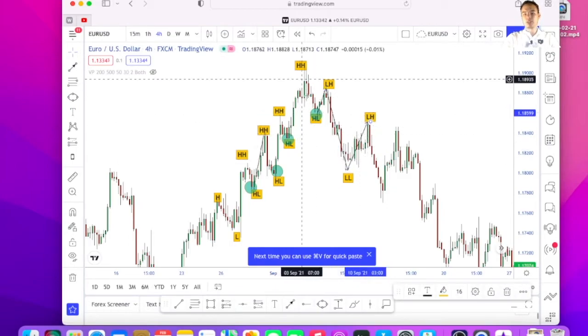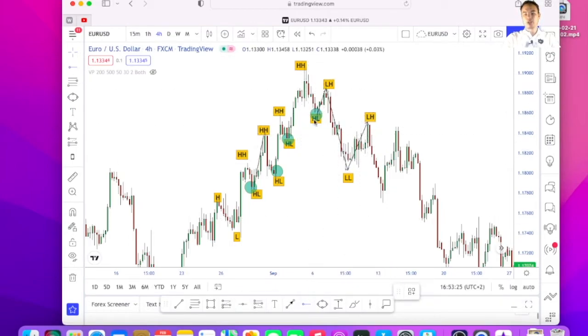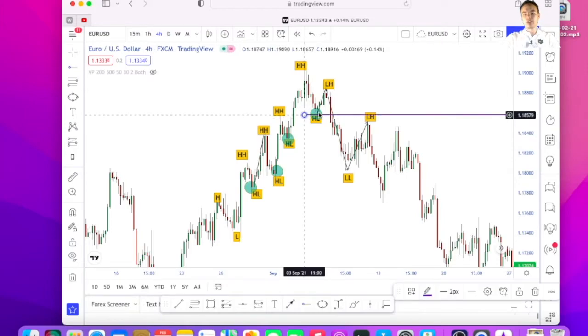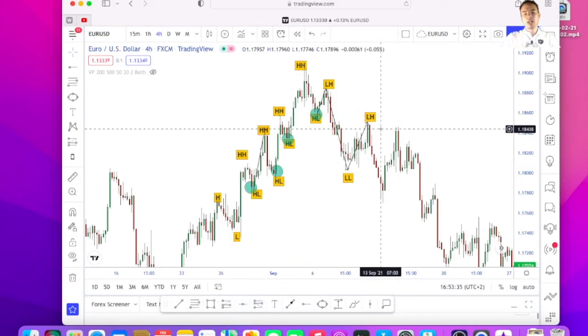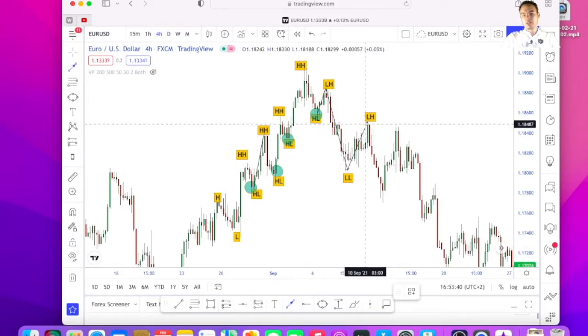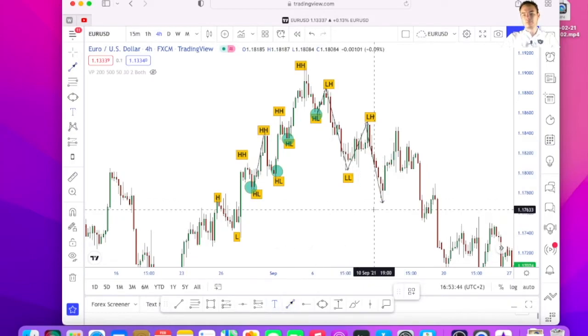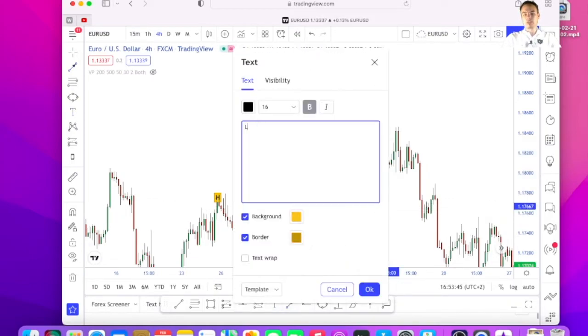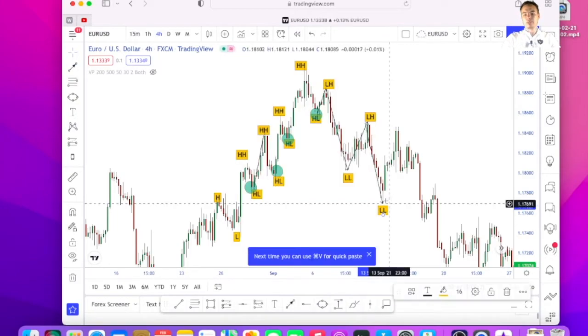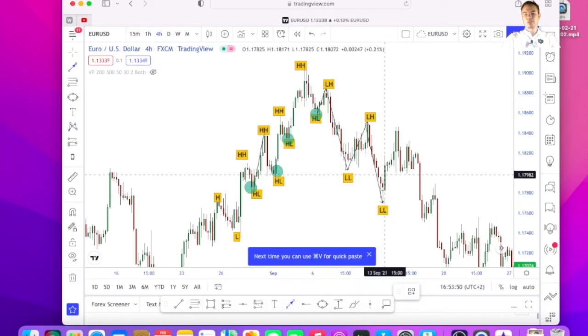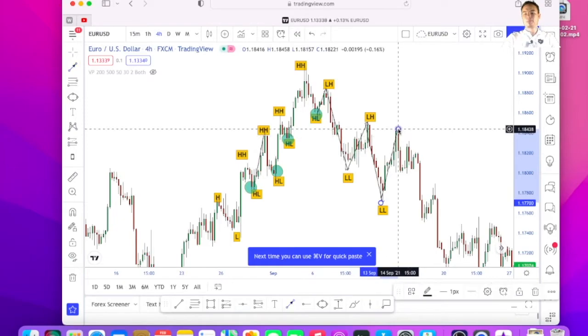This could potentially be a double top. You can see this sort of support became resistance. You can put your Fibonacci, all of that. Okay, and then candlestick confirmation. But let's carry on. Price pushed down, made lower low, lower low. Price retraced back up, lower high.